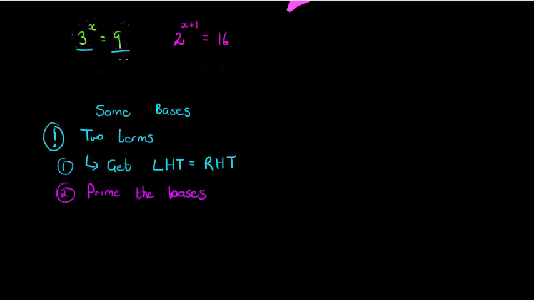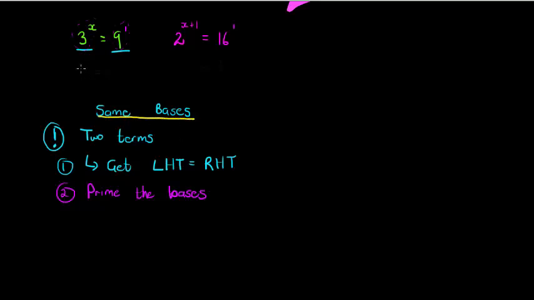But what I would like to do is prime the bases. I would like to make both sides the bases of those expressions. This is 9 to the power of 1 and this is 16 to the power of 1. I would like to make this base in this power also a prime number. If this one wasn't, I would try and do that as well. And just so you know, it's not always the case. Basically what I'm trying to do is get the same bases on both sides.